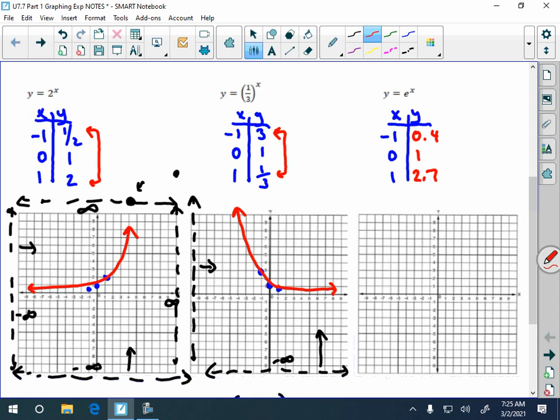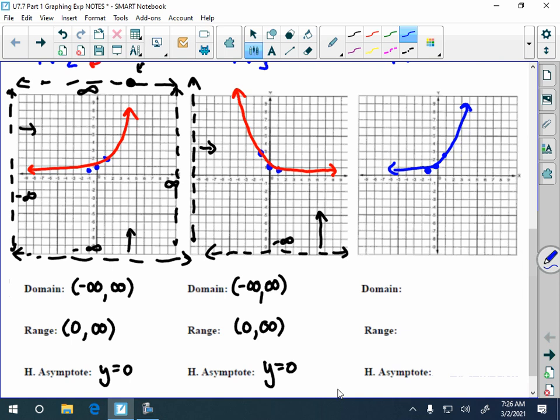All right, so then if we plot these 3 points, -1 and then 0.4, 0, 1, and then 1 up to 2.7, it's almost 3. So it's almost like the first one. It's still exponential growth, and that's because e is bigger than 1.